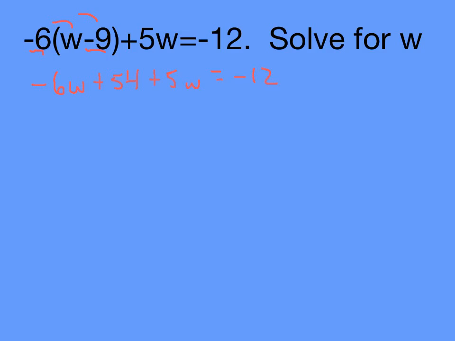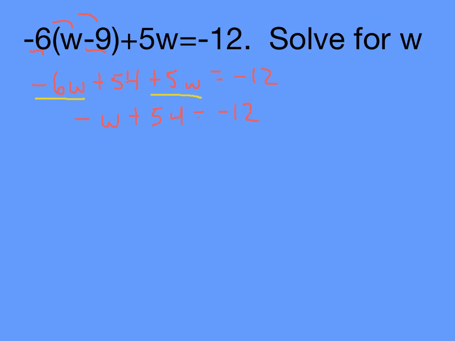Now what I notice is I have two terms that have w's in them, so there's my combining like terms. So negative 6 plus 5 would be negative w, or negative 1 times w, plus 54 equals negative 12.